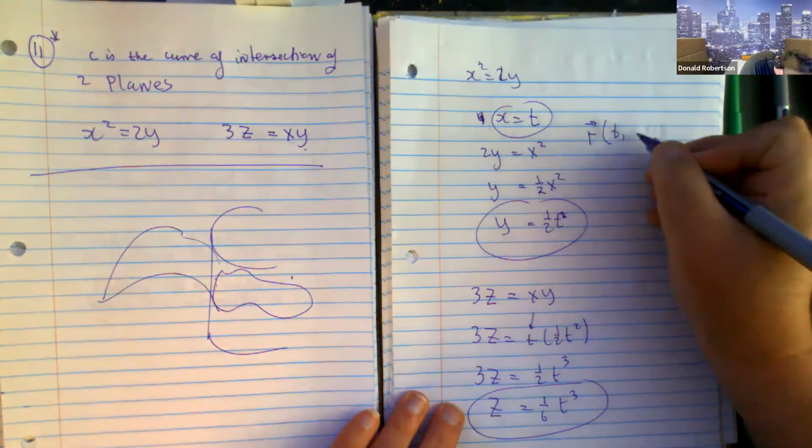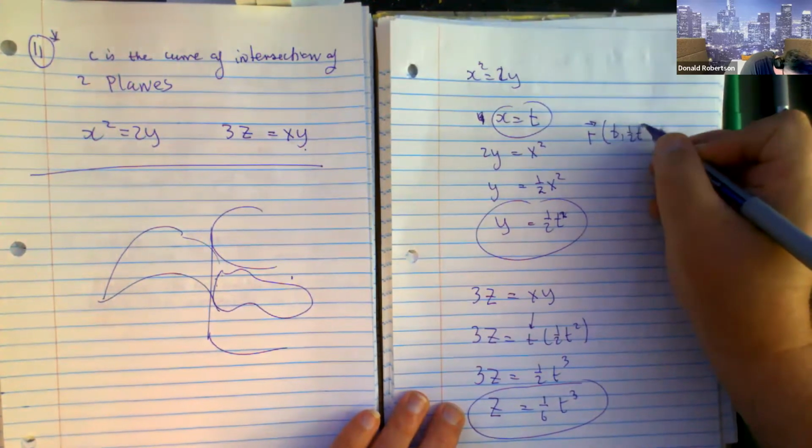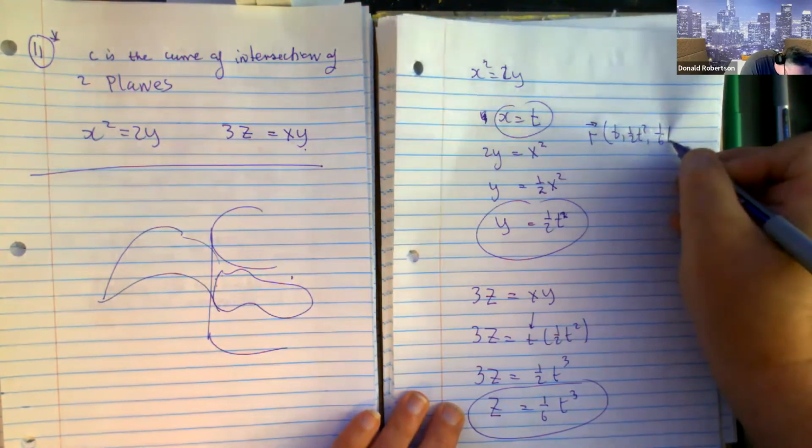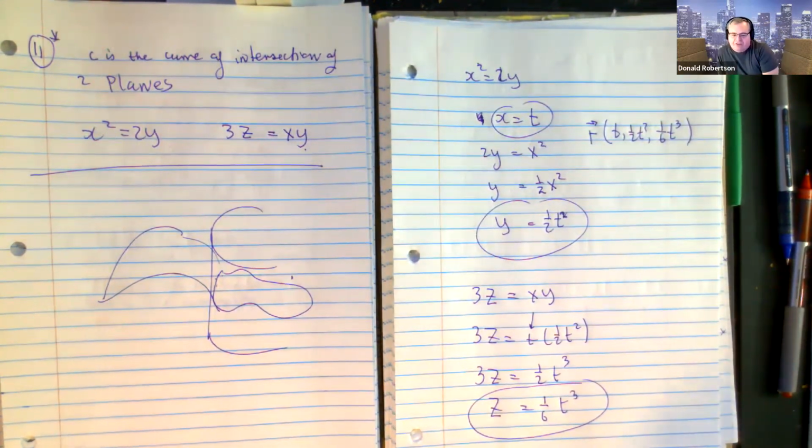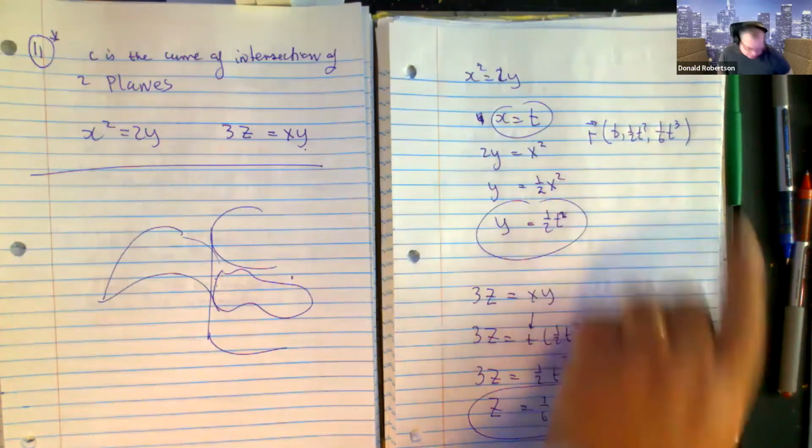It's t, 1/2 t squared, 1/6 t cubed. Now, if I decided to make one of the other variables my t, I would have got an answer. It just wouldn't have been a space curve that looked like this guy.